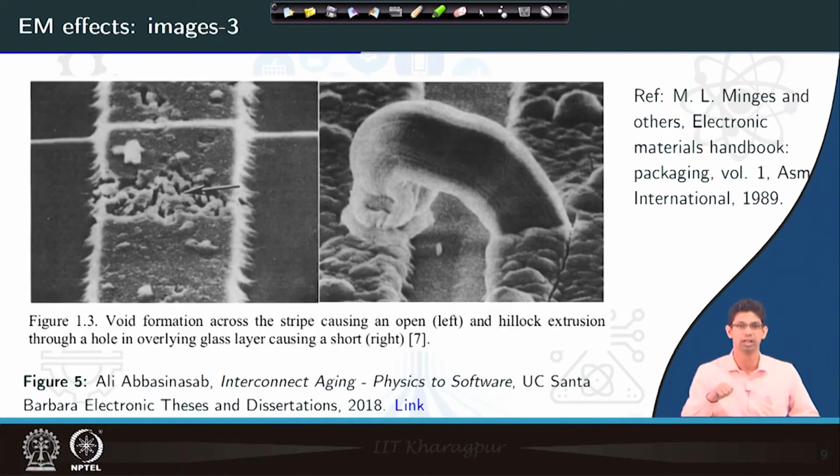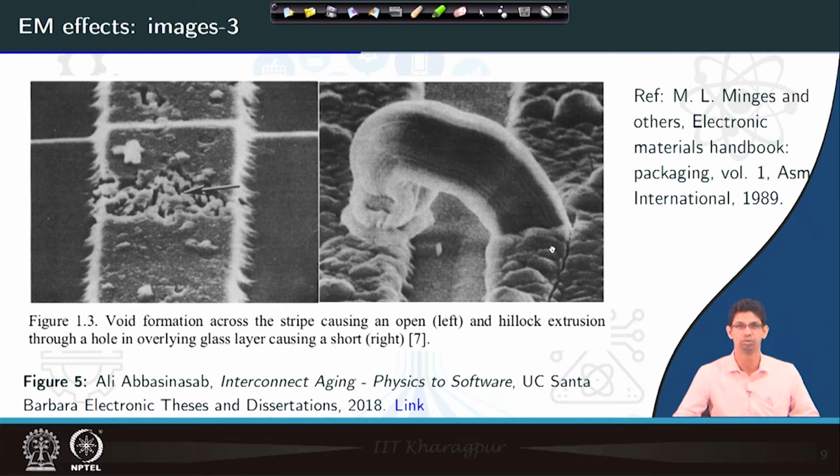Then there is another image. This image I have taken from a thesis from UC Santa Barbara. Here you can see this electromigration. There are these sort of breakages in your line, and then here you can see hillock formation, and you can see hillock extrusion through a hole in the overlying glass layer causing a short.